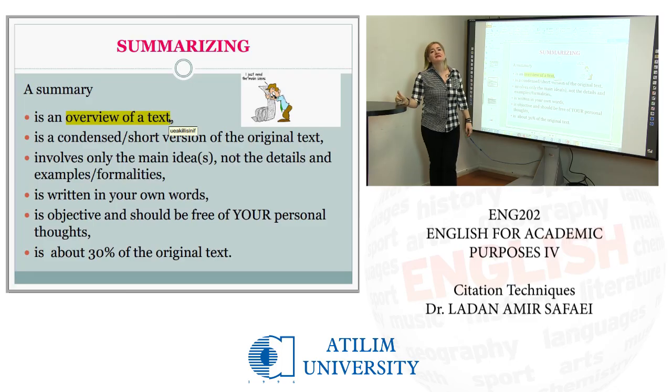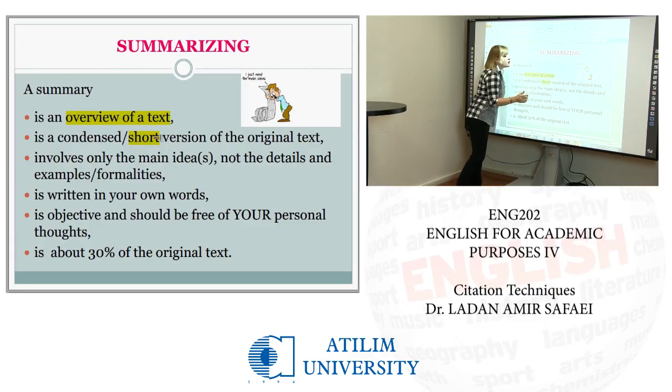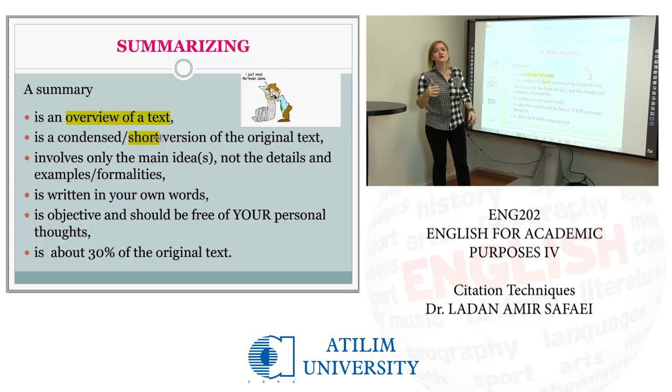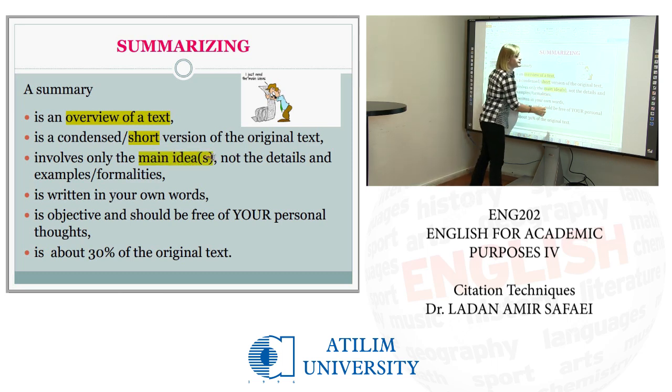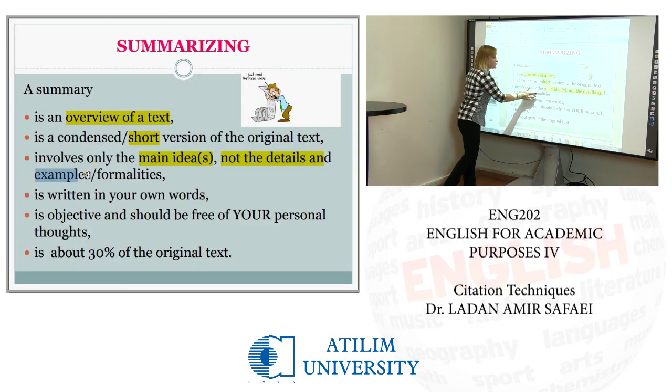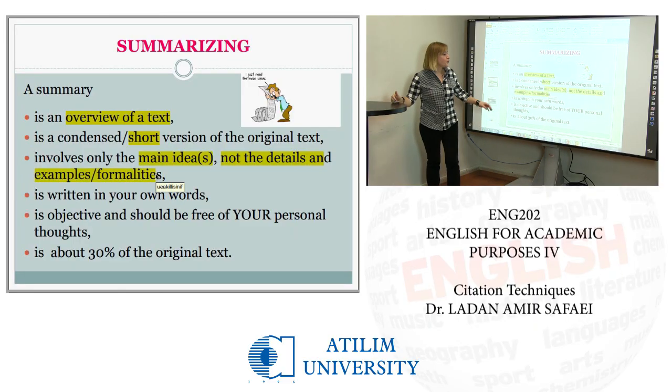And then it is short, because we don't have a long place to put the external information in our own study. So it should be short. And in order to shorten something, we just take the main ideas. There is no place for the details, examples, and formalities.